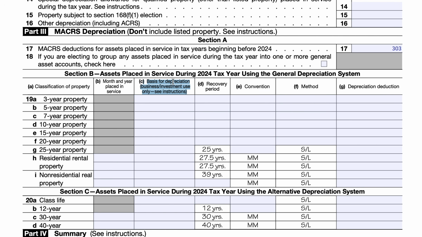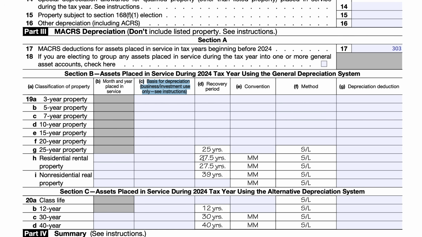And then once you get that amount, you can put that in here for purposes of calculation. And remember that even if you put the property into service on the first of the year, you are limited by the mid-month convention on being able to take the full amount of depreciation in the year that it was placed into service.